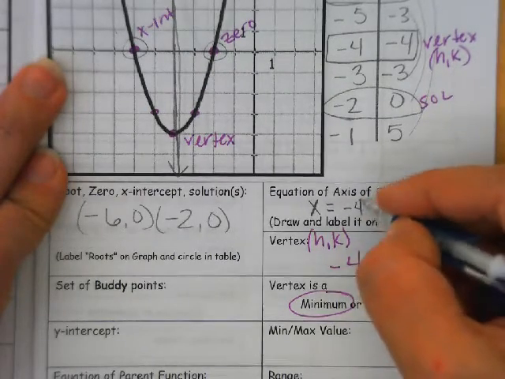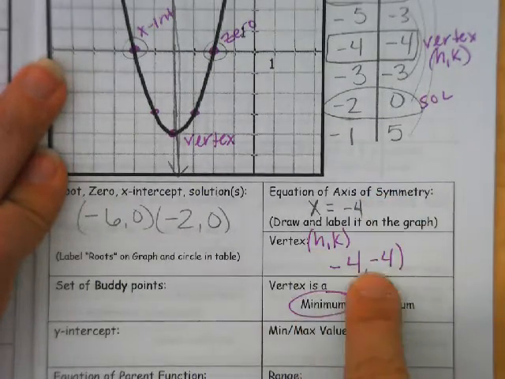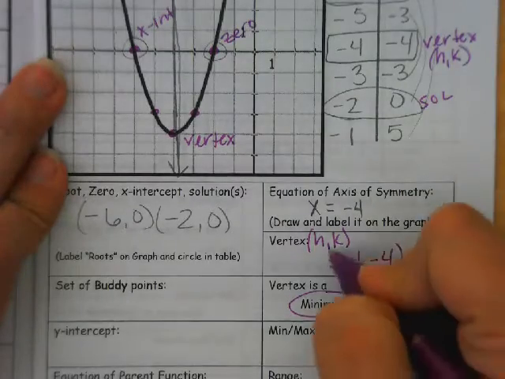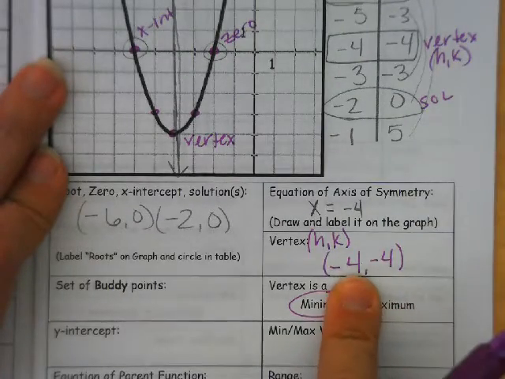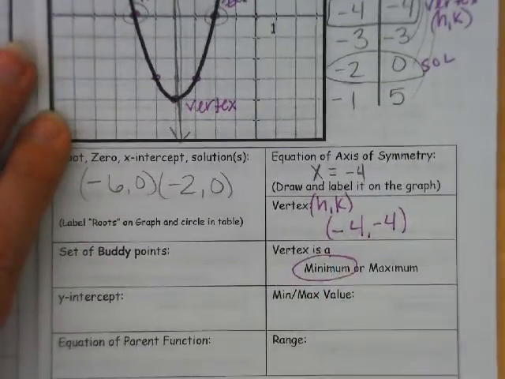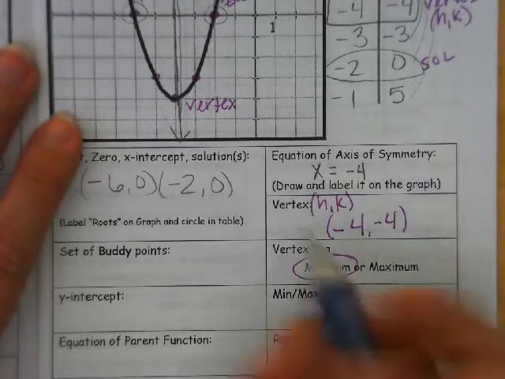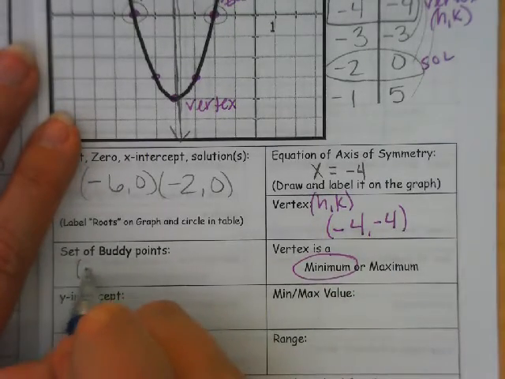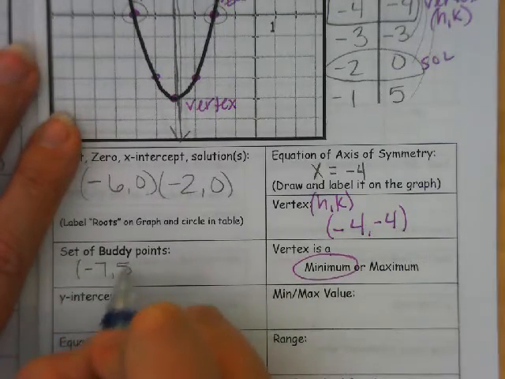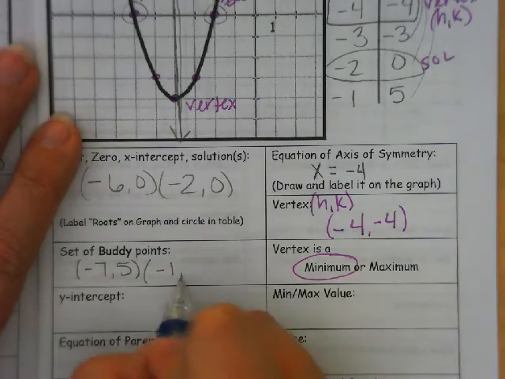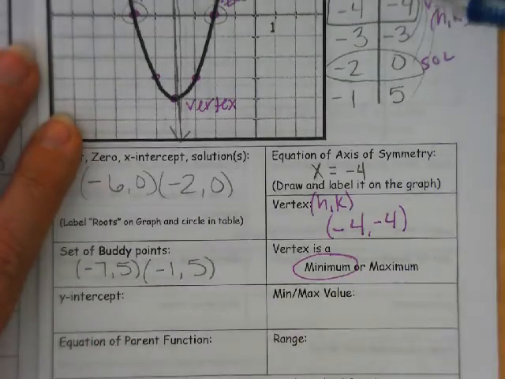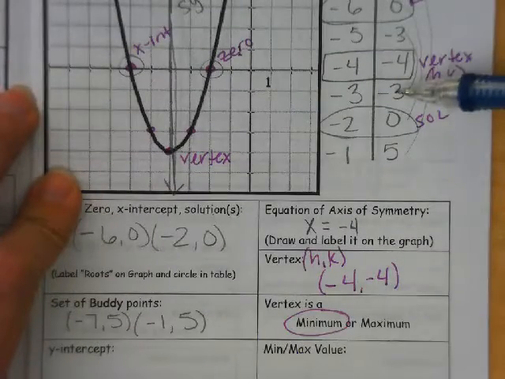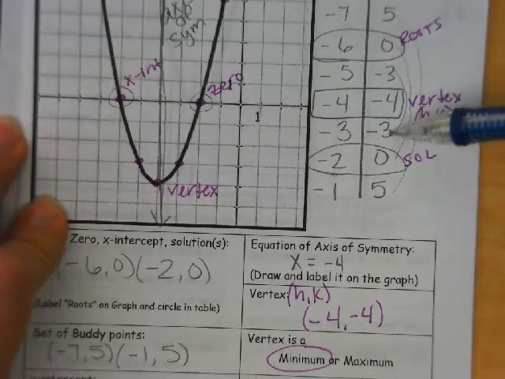Remember, it matches the x value of your vertex, always. Can you give me some buddy points? There's several. Just give me one set. -7, 5, and -1, 5. You could have said -5, -3, and -3, -3 also.